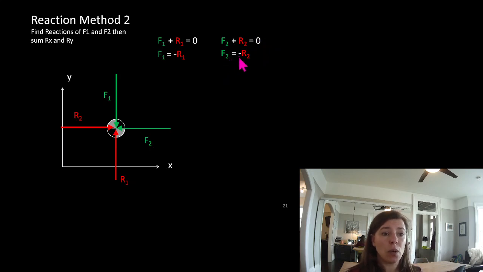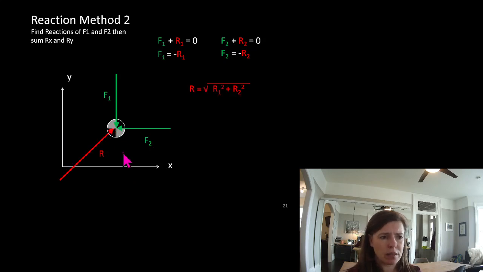So F2 is going to have an R2 reaction. So this is our force down, this is our force sideways. We need two reactions. We could sum those up if we wanted: the square root of the sum of the squares of both of those, great. We need this reaction to stop this force from pushing down and this force from pushing that way. So we can figure out the total and then the reaction, or we can figure out the individual reactions and then figure out the total reaction.